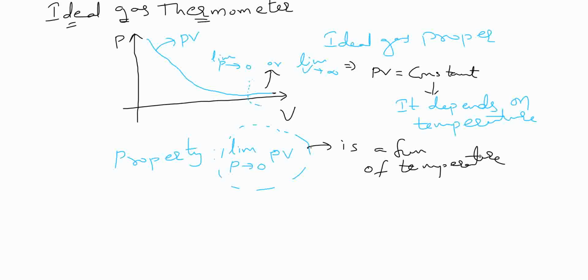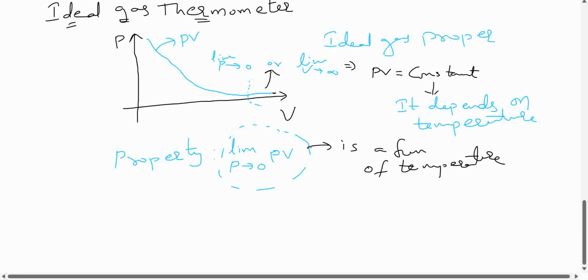And how are we going to measure the temperature? Basically this is the Kelvin scale we get. With this thermometer we can measure down to about 1 Kelvin, but theoretically it defines 0 Kelvin.